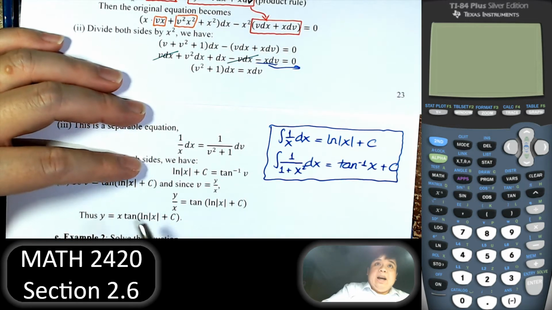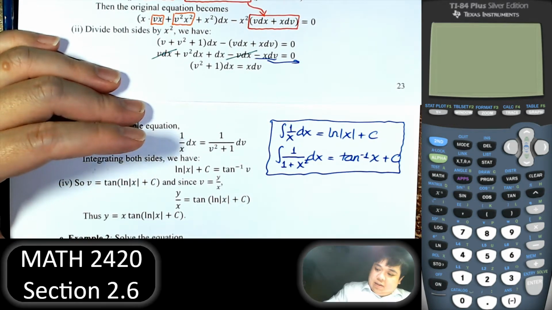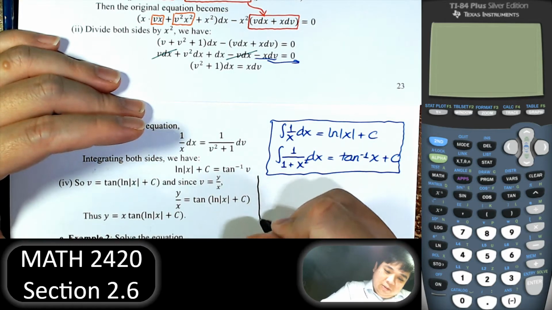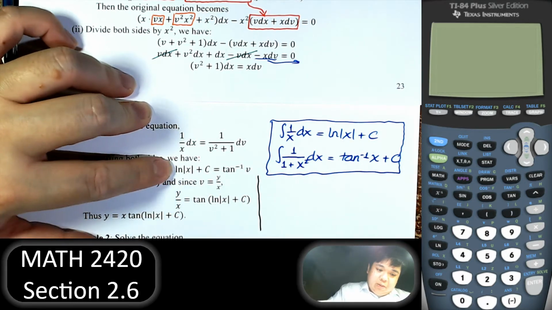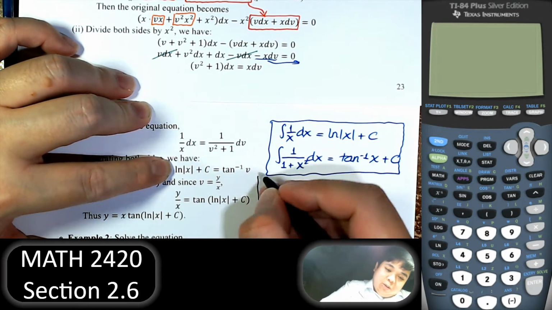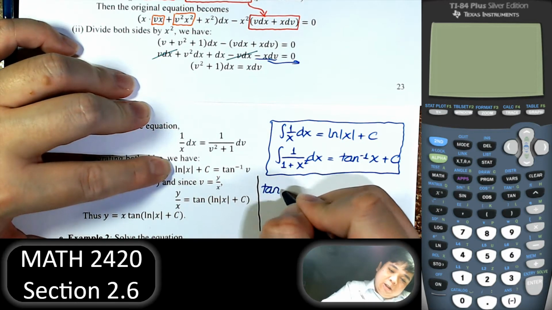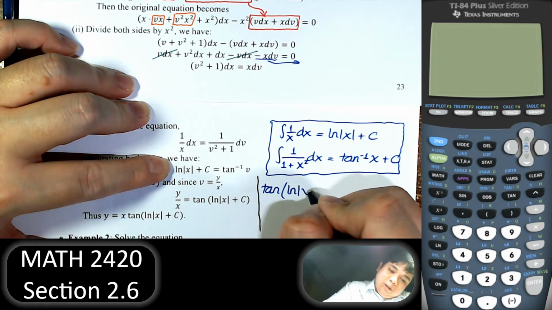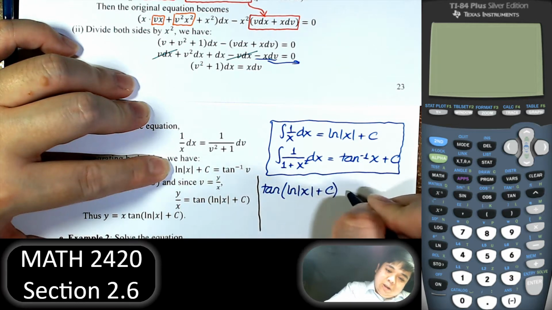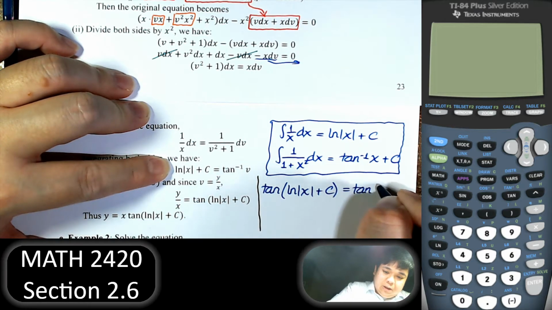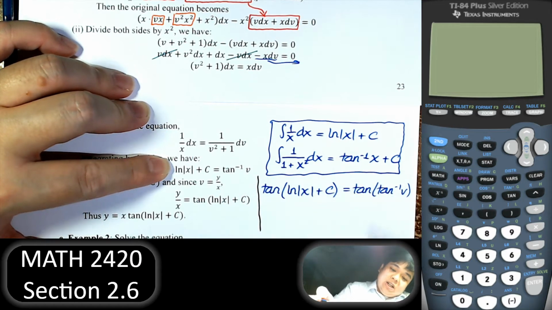Right. So here from this equation, I will take tangent on both sides. And tangent inverse cancel out.